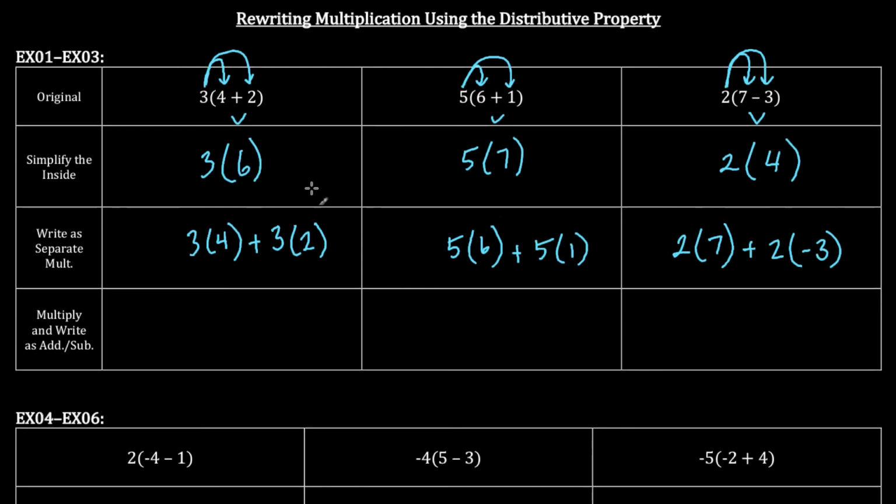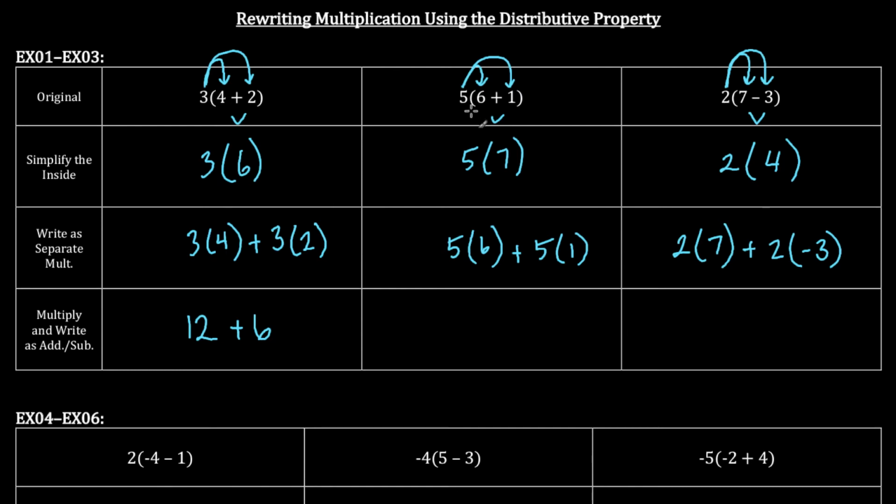Now, instead of writing 3 times 4 plus 3 times 2, you could have also just written that as 3 times 4 is 12 plus 3 times 2 is 6, so plus 6. These are all different ways of writing 3 times (4 plus 2).